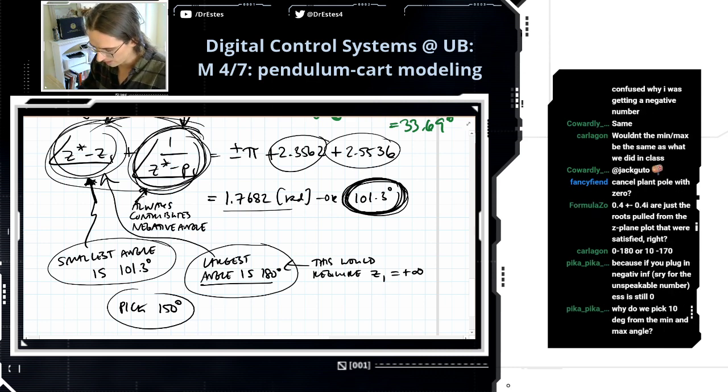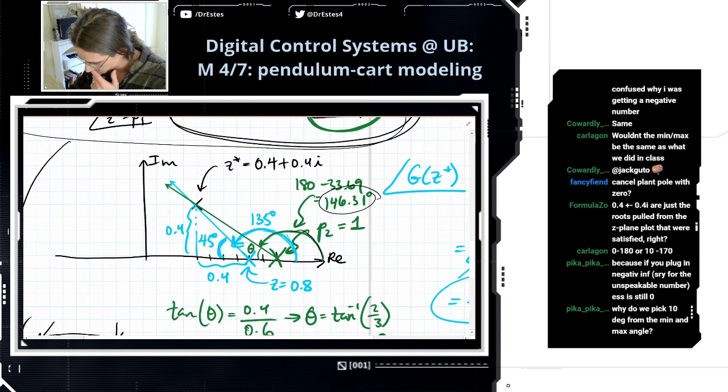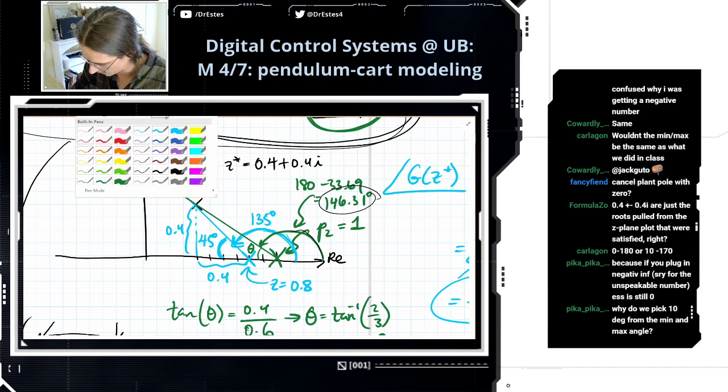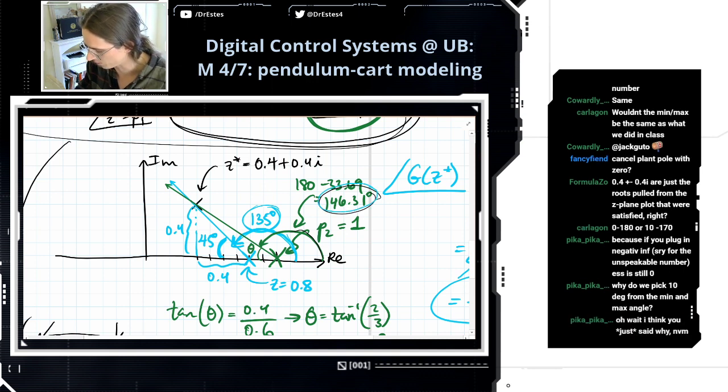So if I know that I want this zero to contribute 150 degrees, what I have to do is go back up here. And actually, I can use this as a guide. This pole was at 0.8 and it made 135. This one was at 1 and it made 146.